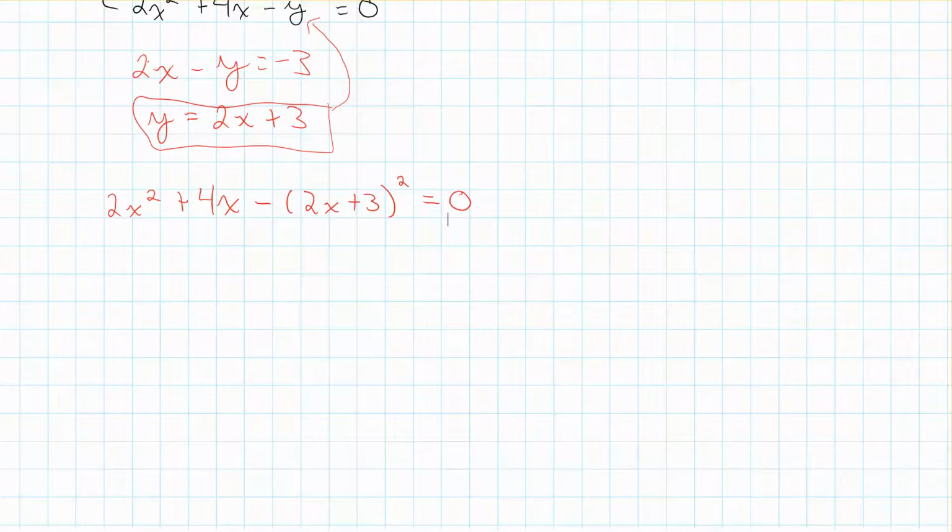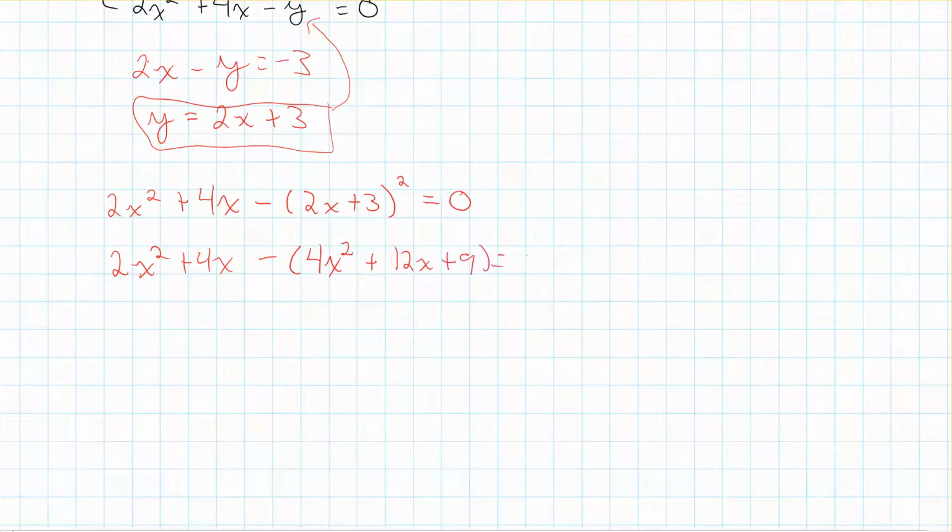Now, of course, I am going to have to multiply out and simplify. So this would be 2x squared plus 4x minus, and I'm going to use my special product formula, 4x squared plus 12x plus 9, equals 0. And then I have 2x squared minus 4x squared, so I have negative 2x squared.